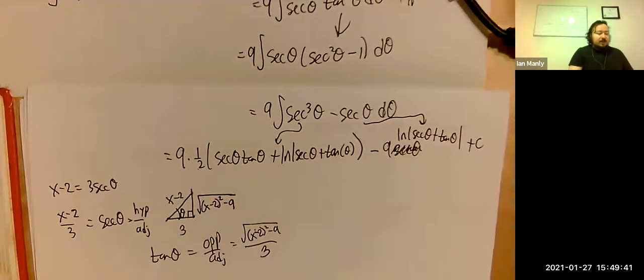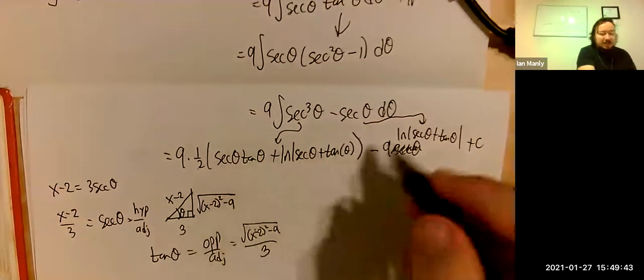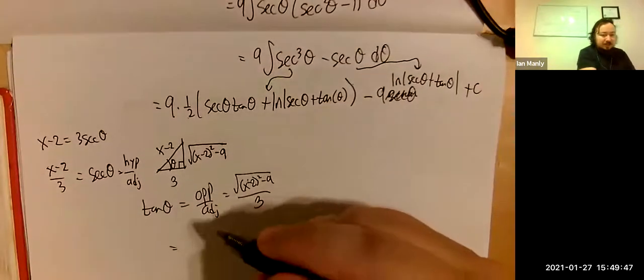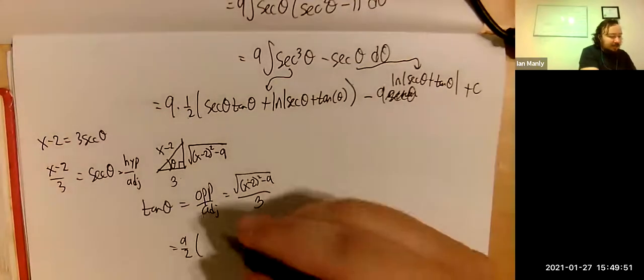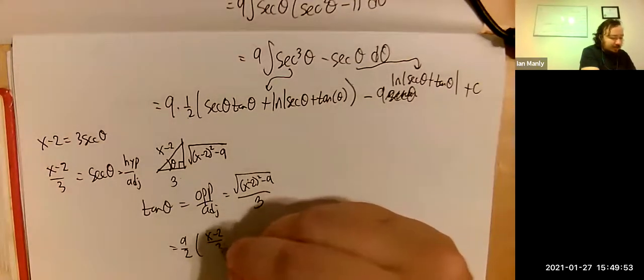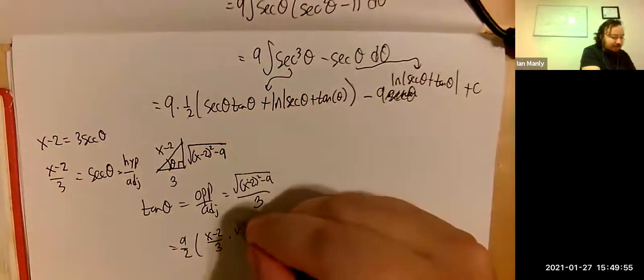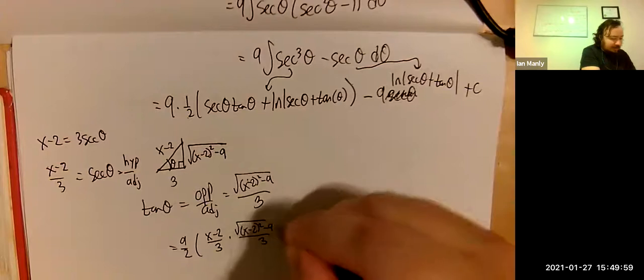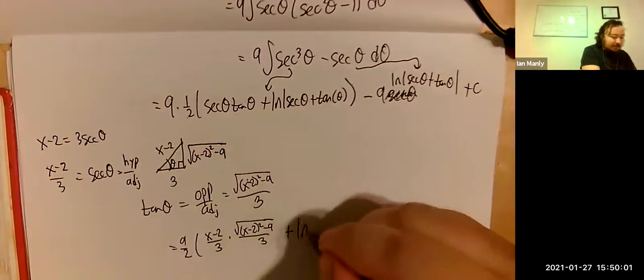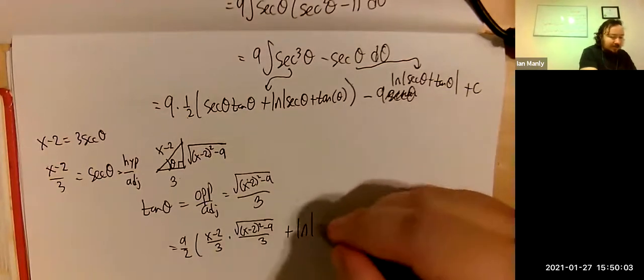Okay, and then we're ready for the monumental task of pumping all of these into these thetas up here. So when all is said and done, when we do this, we have secant of theta times a tangent of theta. And then we have natural log of absolute value of secant of theta.